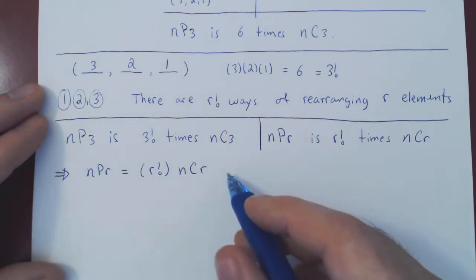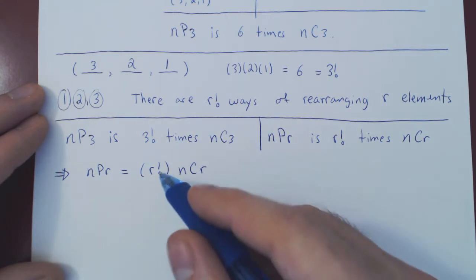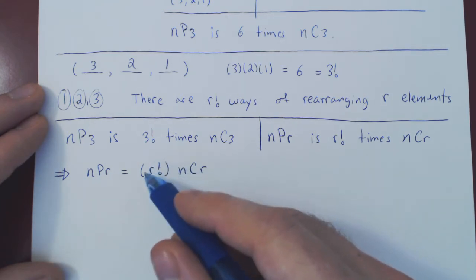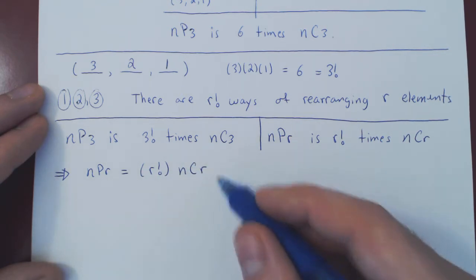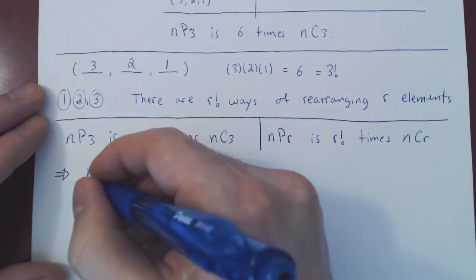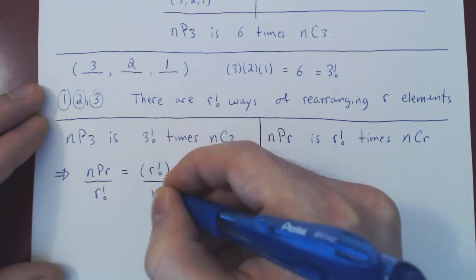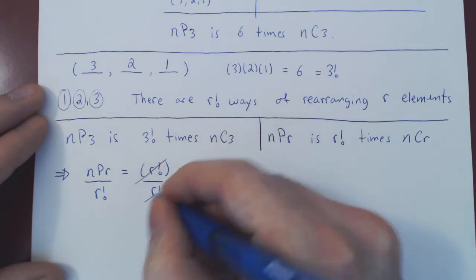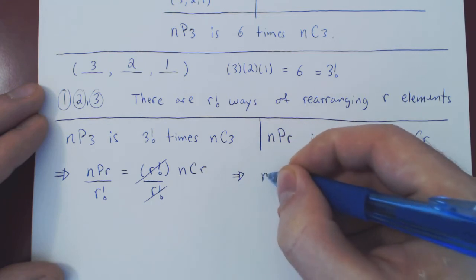But think of this equality. We know what NPR is. We've already found it in the previous video. R factorial we know how to calculate, so we can easily isolate NCR by dividing across by R factorial. So divide both sides by R factorial. These two will cancel, and you have now isolated NCR.